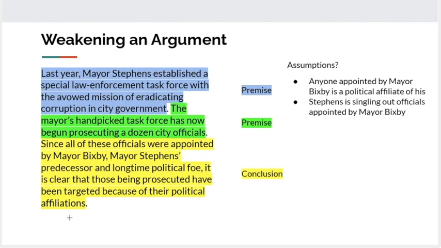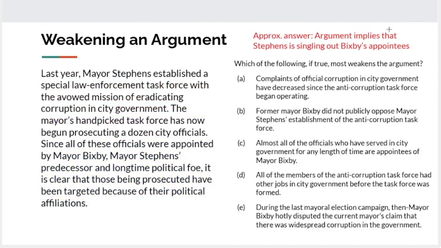The fact that Mayor Stevens has selected a task force that has begun to prosecute a dozen of them doesn't necessarily imply that this is a politically motivated attack on Mayor Bixby's former appointees, because there could be dozens or, who knows, hundreds of others that were appointed by Mayor Bixby who are not being investigated. Again, the key assumption that can come from our assumptions would be the idea that Stevens is somehow singling out Bixby's appointees.